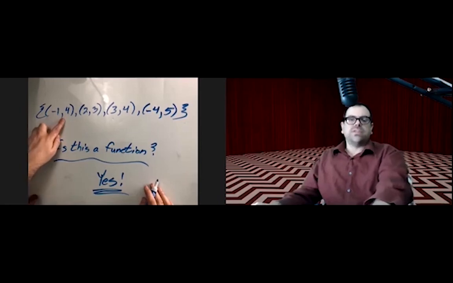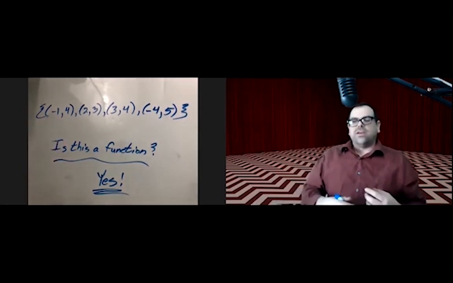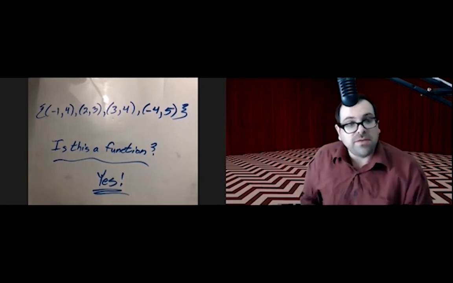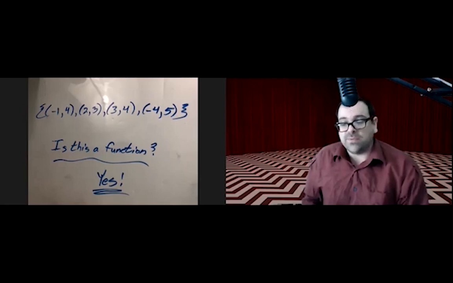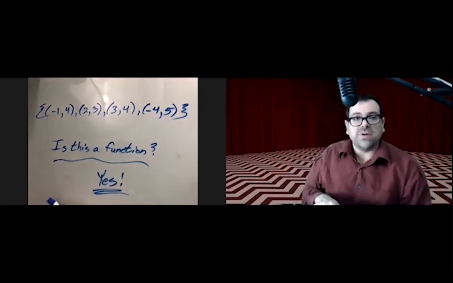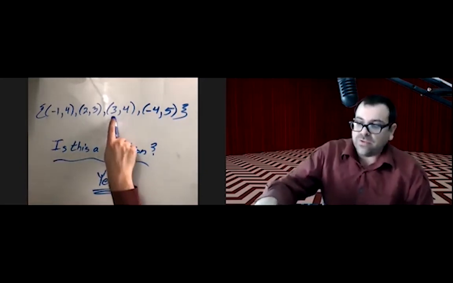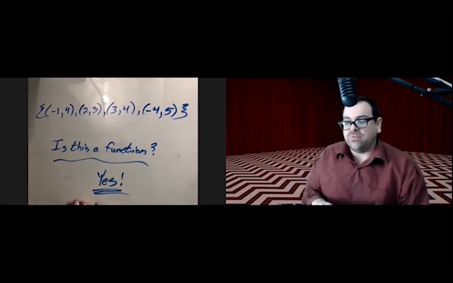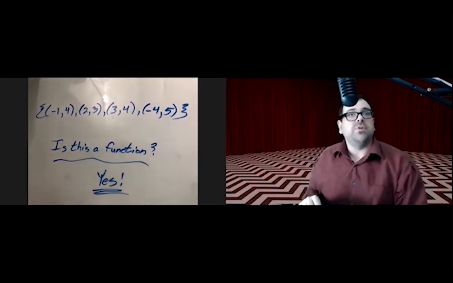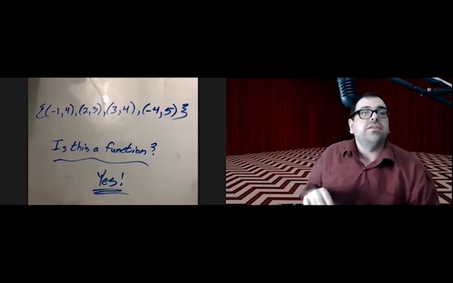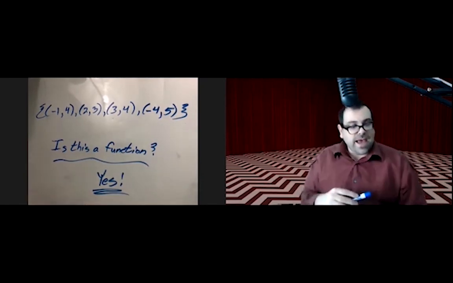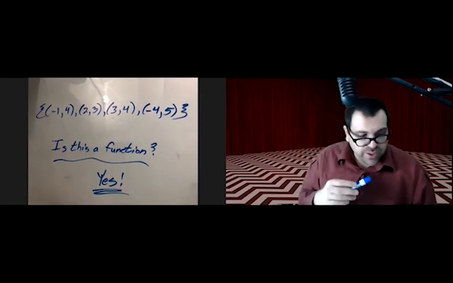It won't go to 4 sometimes and then go to -3 other times. An input of 2 will always lead to an output of 3. An input of 3 will always lead to an output of 4. An input of -4 will always lead to an output of 5. There's never any confusion about which one is which. And that is what makes a function special.